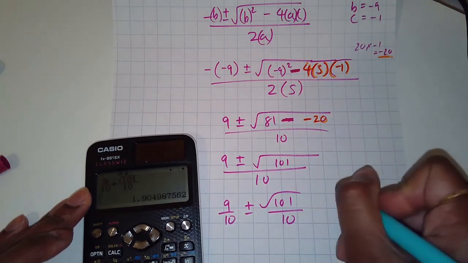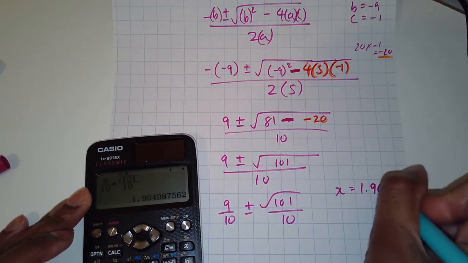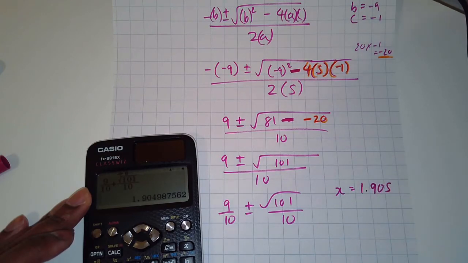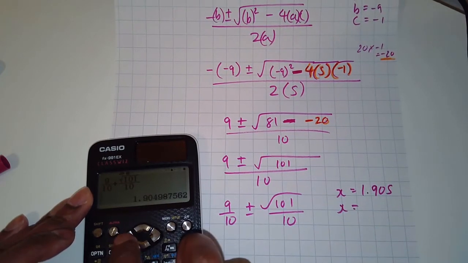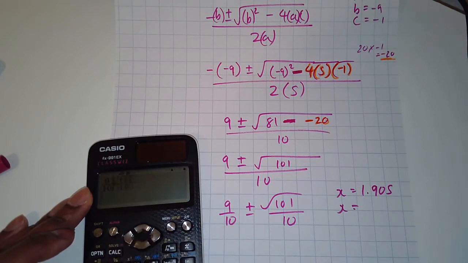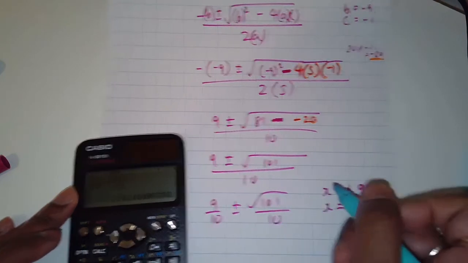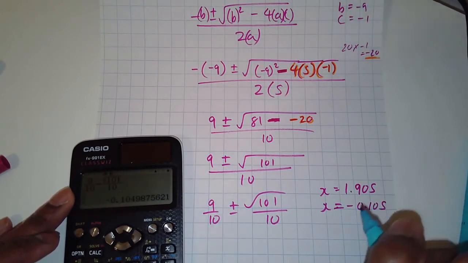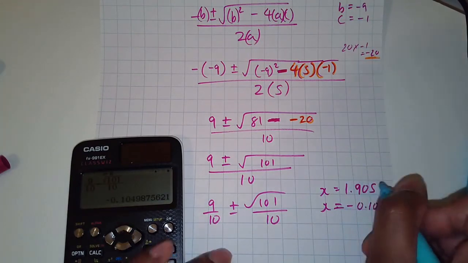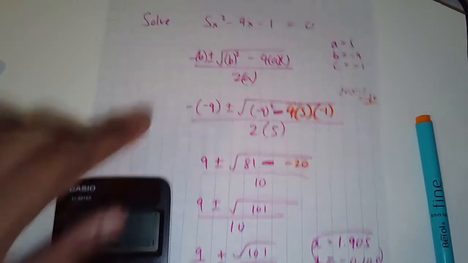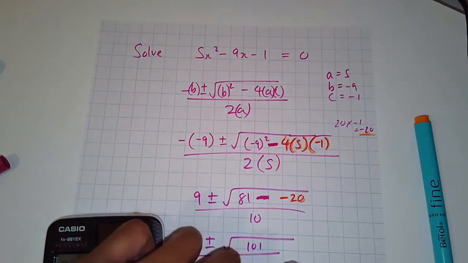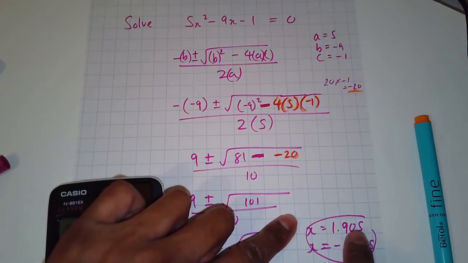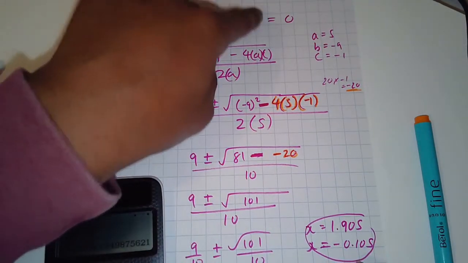Right, one of the answers, x, is equal to 1.905. I just write it to 3 decimal places because I felt like it. The other one, take the cursor back, replace that plus to a minus. Negative 0.105, rounded to 3 decimal places. Those are my 2 answers. Right, I've solved this quadratic equation. If I was to substitute those numbers into x, I should get 0.